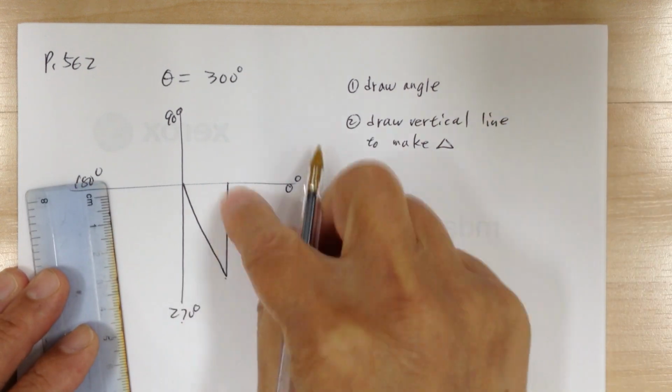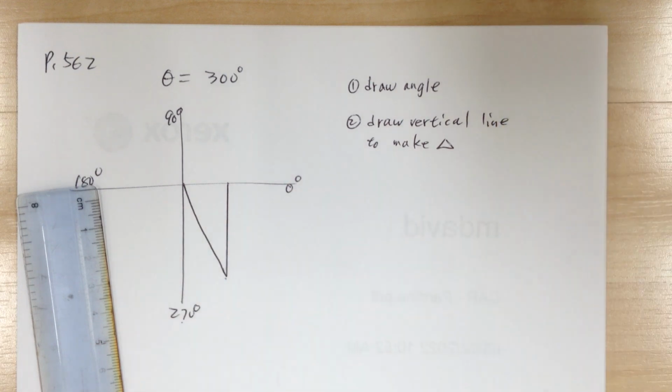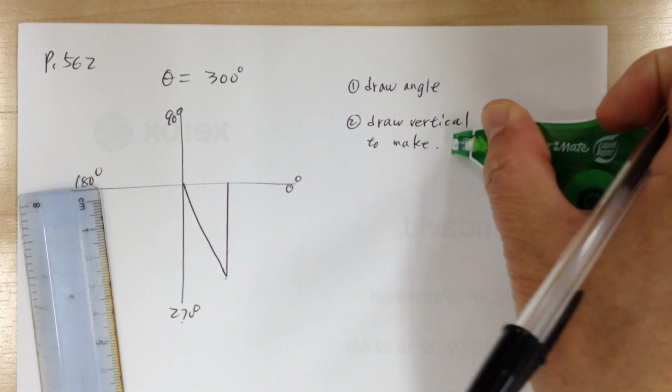Never go sideways, always go up and down. This is called a reference triangle.